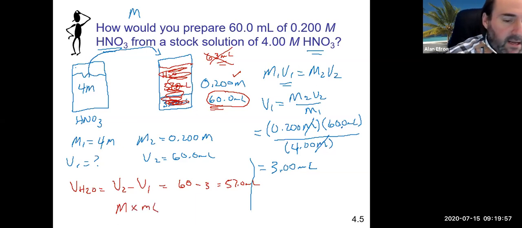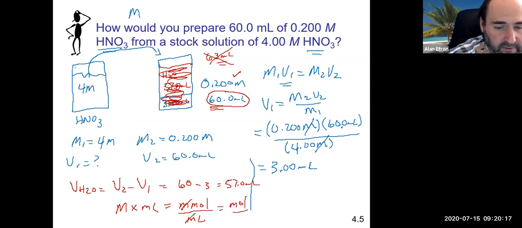Now, if you do that, which you can do, the only difference is what you get out is not moles, but what is known as millimoles. And if you take millimoles and divide by milliliters, the millis will cancel out and get you back to moles per liter.